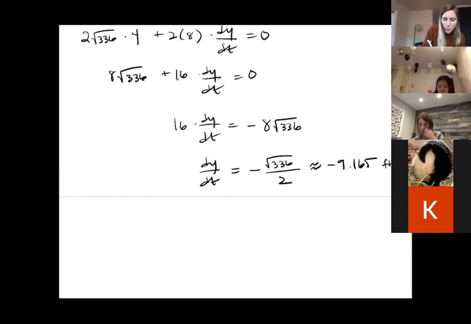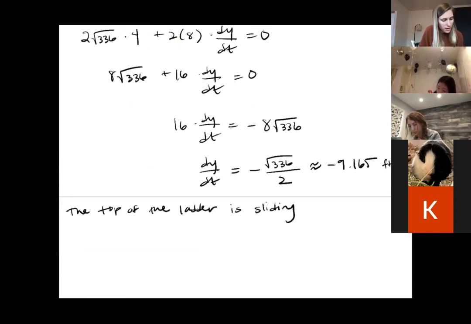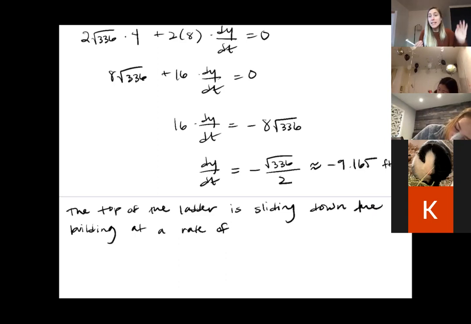So to summarize, we could say the top of the ladder is sliding down the building or the house at a rate of, and I said it's sliding down. That describes the negative. So I don't write the negative in my sentence. I put at a rate of 9.165 feet per second.